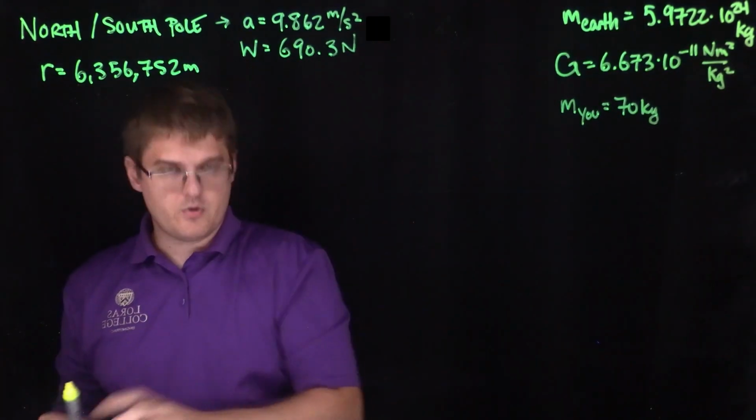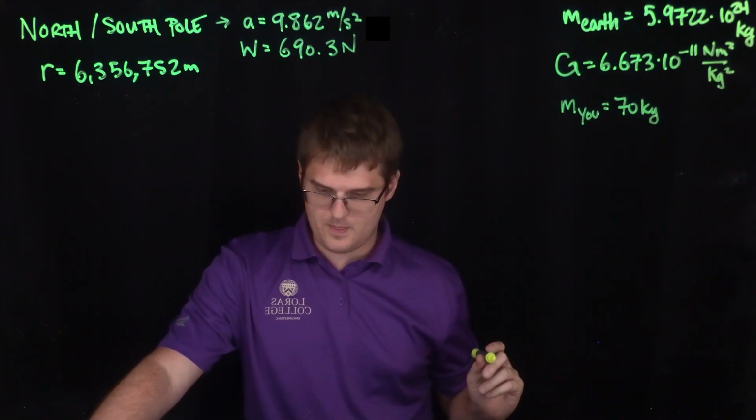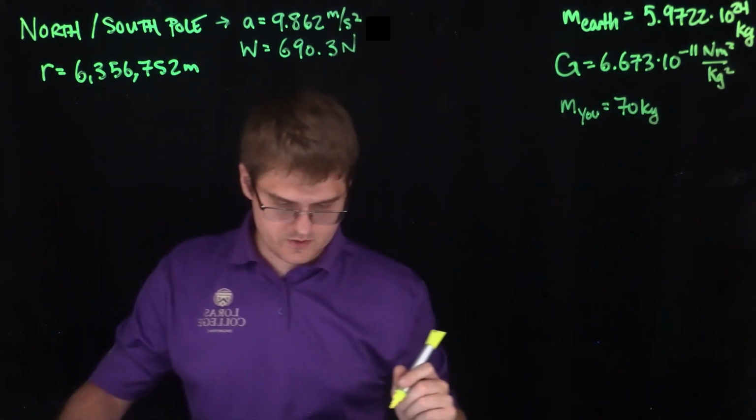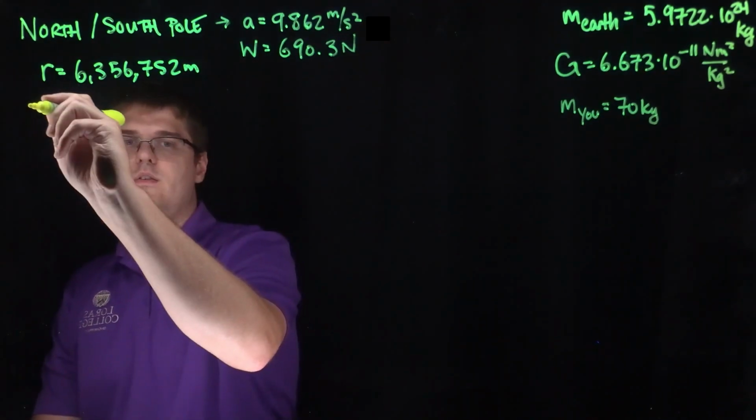Well, at this point, you're probably quitting the video because we're going to do the same thing over and over again. But in case you don't, I can say that the next one that we're after is the equator.